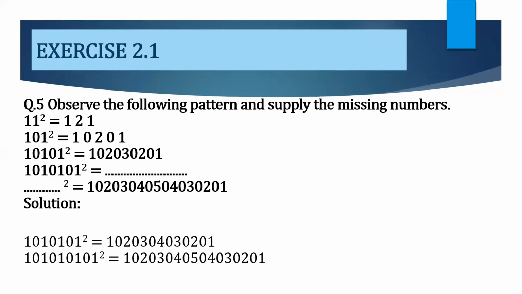Next, question number 5. Observe the following pattern and supply the missing numbers. Here we have the square of 11, then 101, then 10101 and 1010101, and then here we have a blank. So observing the pattern, you can see that here we have 1 to 1, then we are getting two zeros in between 1 and 2 and 2 and 1, then we have 3 in the center, then again zeros in between.